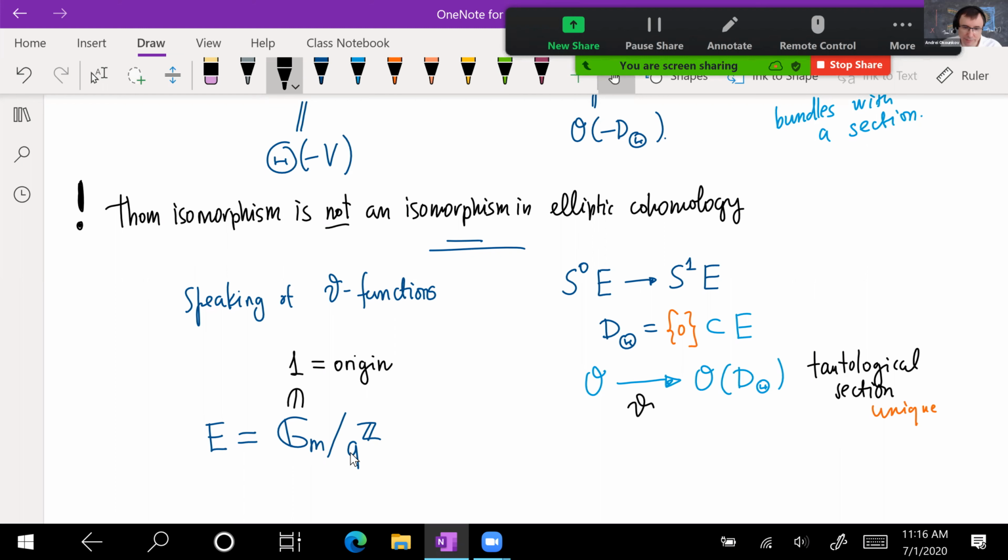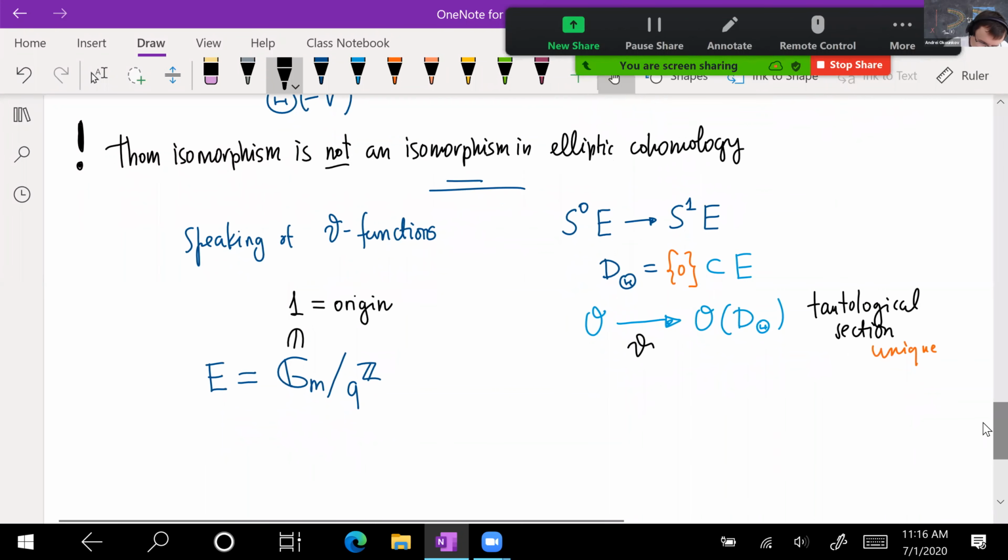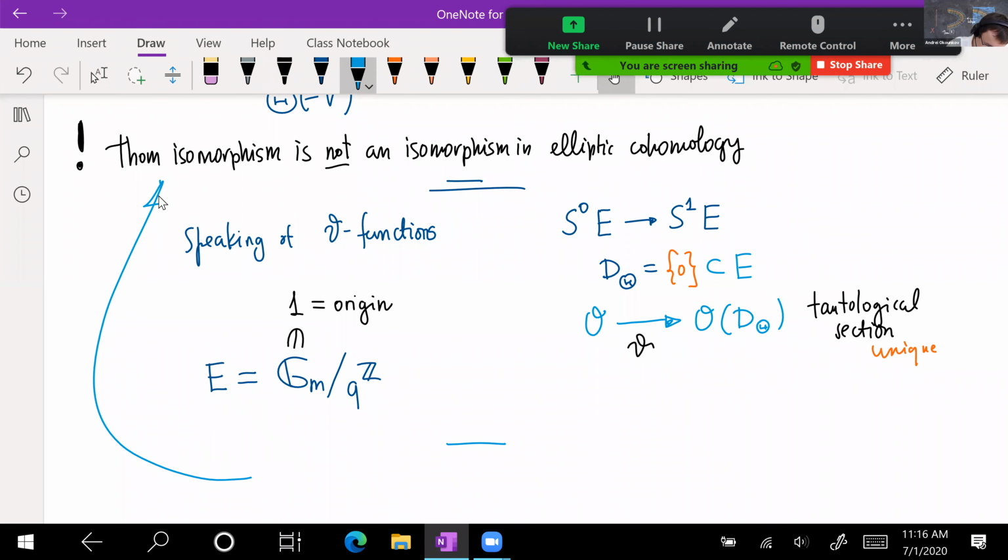But now I said that in elliptic homology, this Thom isomorphism is not really an isomorphism, but it's useful to know that in K theory, we do not have that effect.